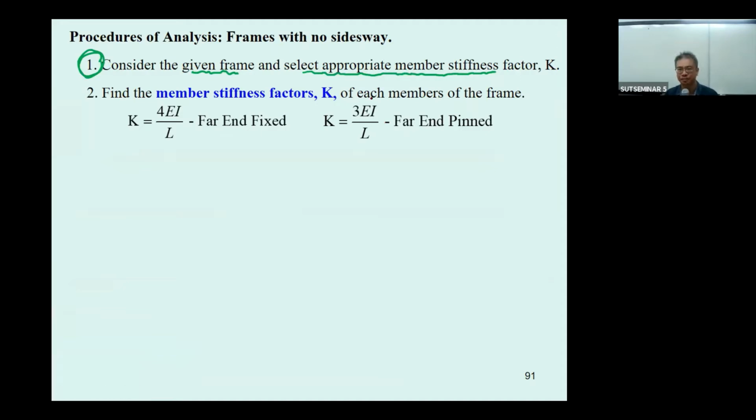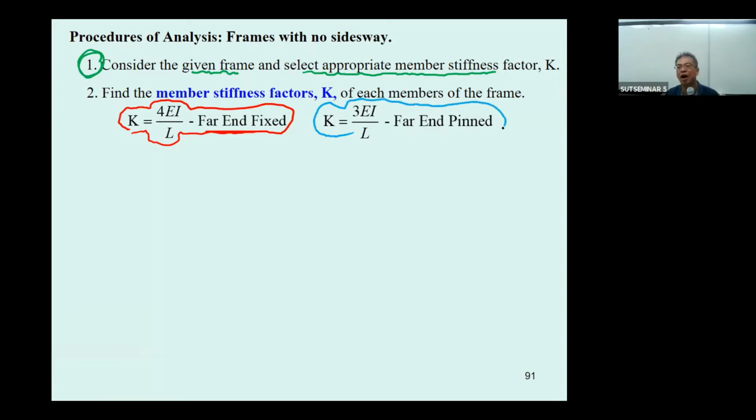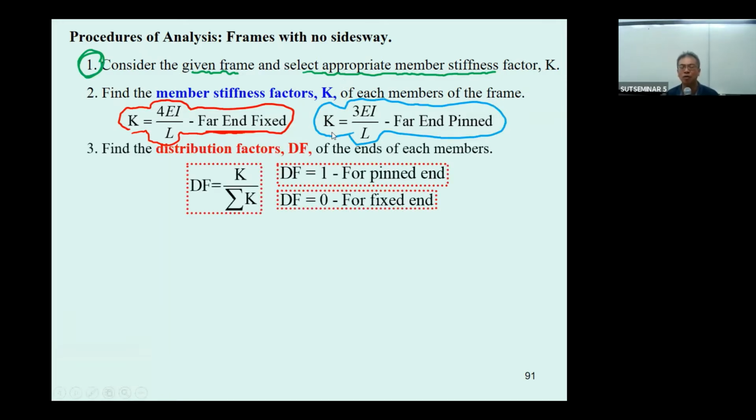If the far end is fixed, you always use this one. Or when you consider a member of the frame or a beam that's inside the structure, you're going to use 4EI over L. However, when your structure has the far end as a pin or roller, you can use 3EI over L. And then based on this, you have to compute the distribution factor.